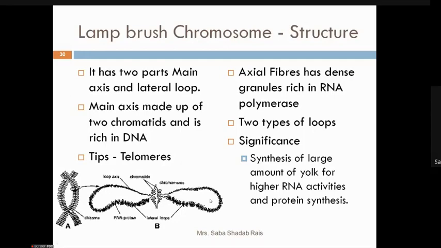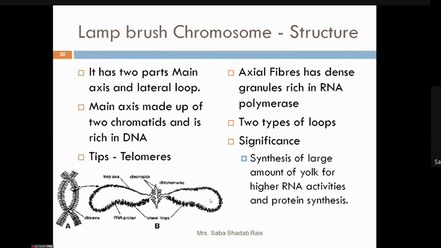When you observe under the electron microscope, you will find that these loops are of two types. The typical loop bends towards the central axis and gives rise to RNA fibrils, and these fibrils progressively increase in length. One side of the loop is thicker than the other.